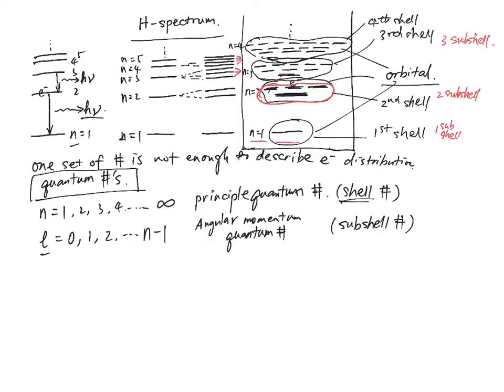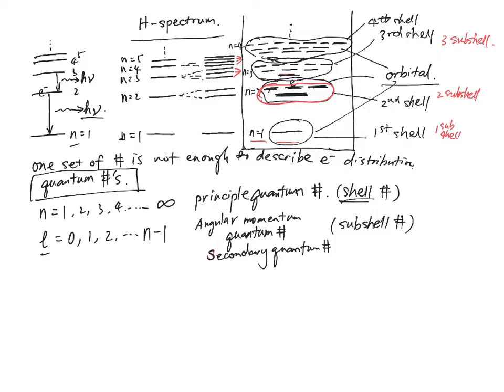And this, of course, can go on and on. This number is also called the secondary quantum number. Of course, this is the second one that we discussed.